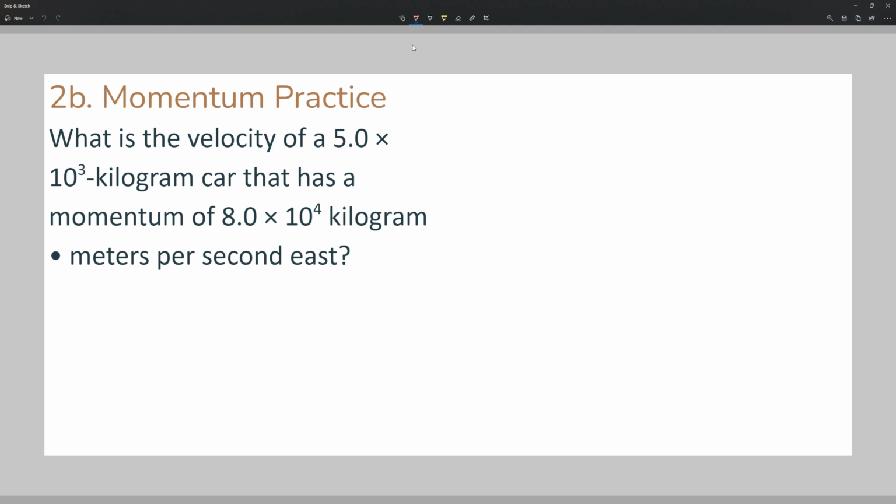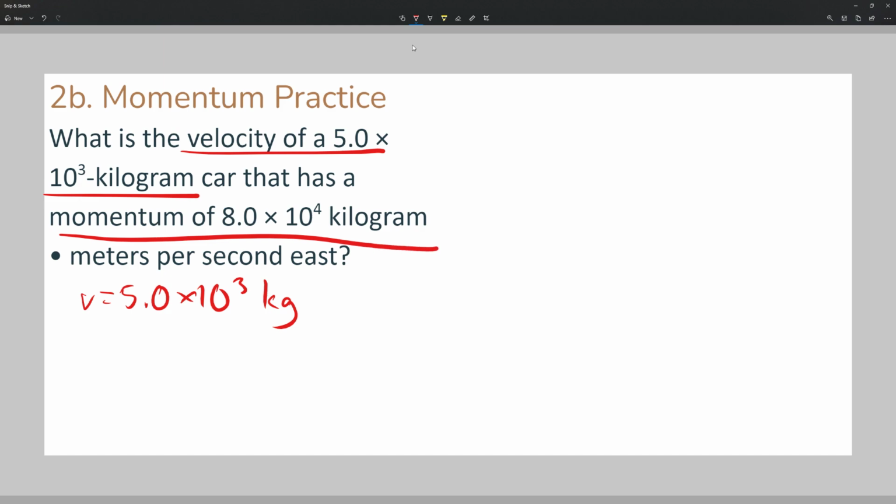Alright, so what is the velocity of a 5.0 times 10 to the 3 kilogram car? The car has a momentum of 8.0 times 10 to the 4.